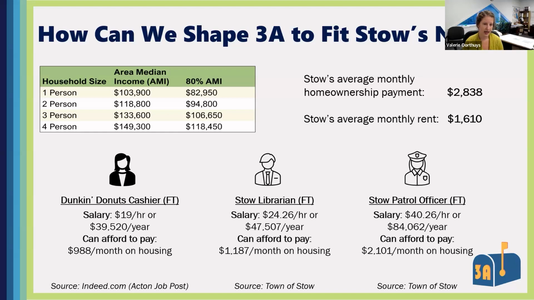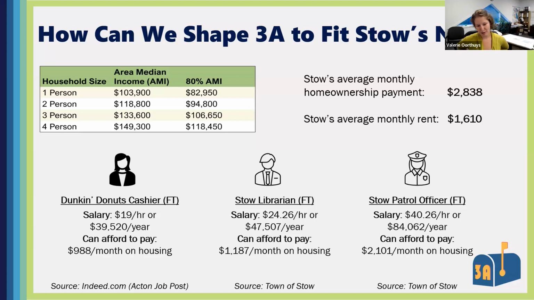So the Dunkin' Donuts cashier, this is from a job posting in Acton, would make about $39,520 per year. And so we're calculating cost burden, so the amount that the cashier can spend on housing without being cost burdened. So that is only $988 per month.